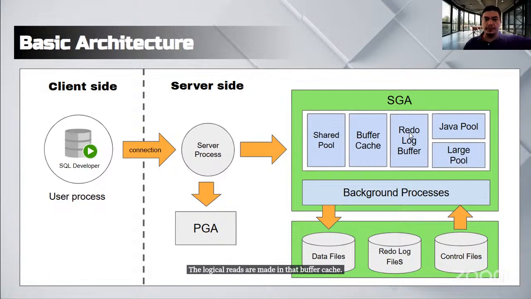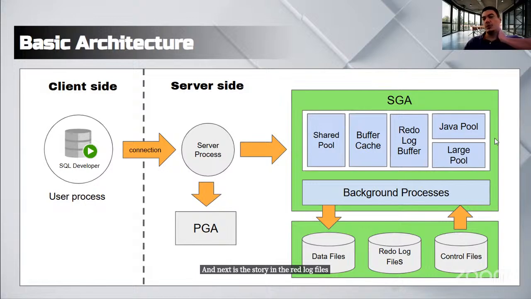And the redo log buffer. Each operation in a transaction is stored in the redo log buffer. During the transaction, this log is stored in memory, and next it is stored in the redo log files.